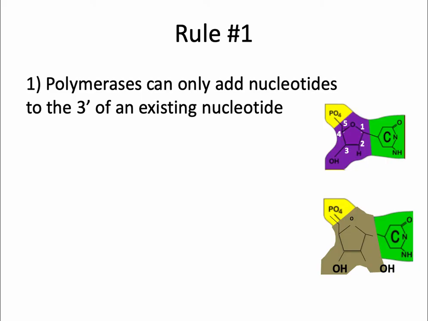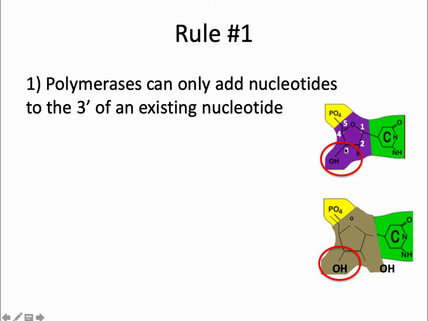So that means that the new growing strand has to grow from the 5' end to the 3' end. So the new nucleotides are being added to the 3' end of the growing strand. The numbers are given because of the 5-carbon sugar that forms DNA and RNA nucleotides. Here in the top we have a DNA nucleotide, and the bottom an RNA nucleotide.